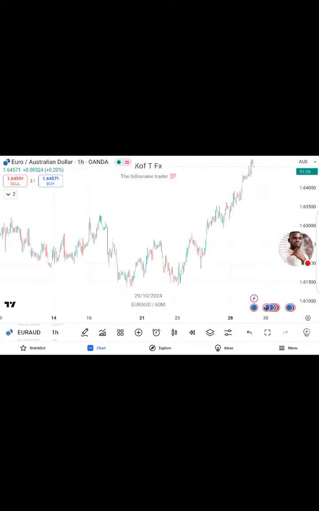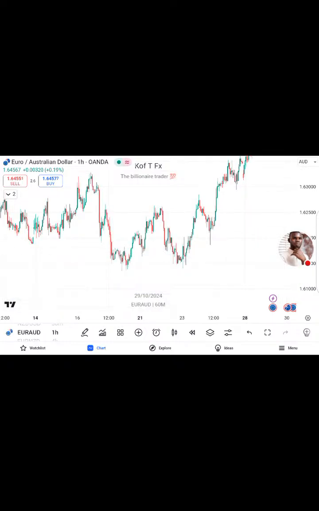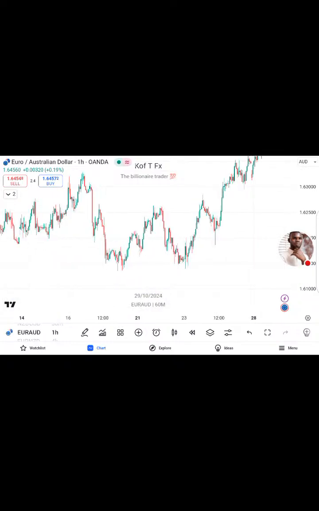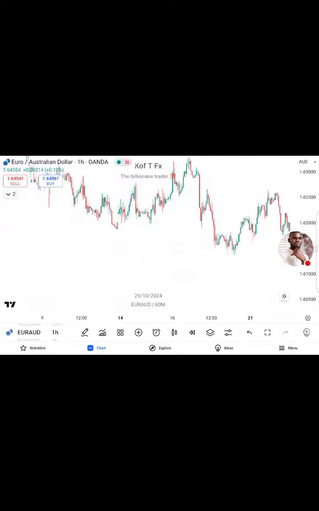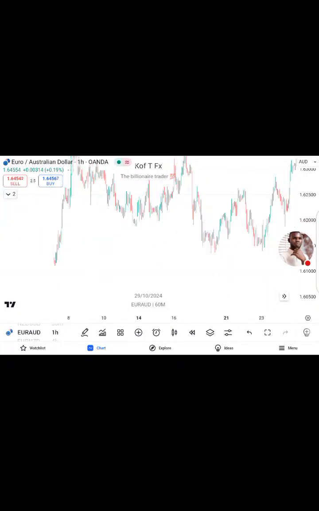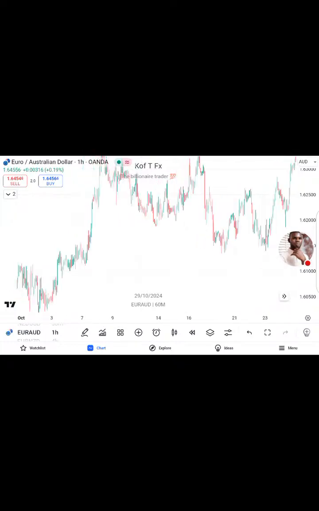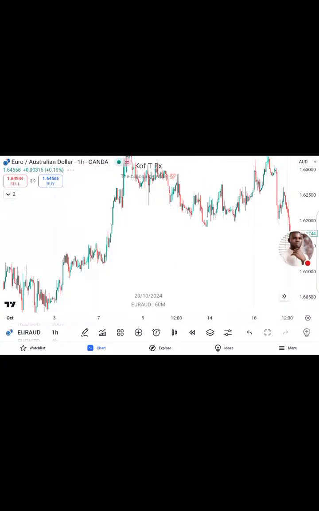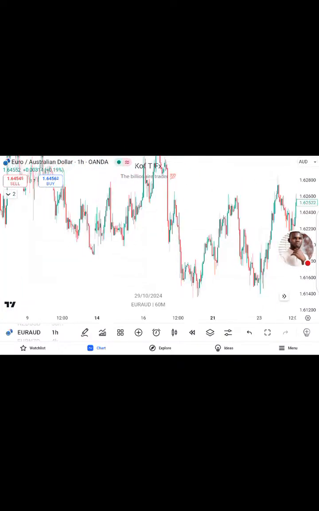TradingView started acting up again. I have some analysis on this, but it's not showing up at the moment. Okay, no problem. Let me check.